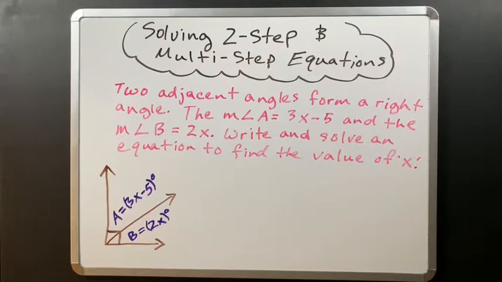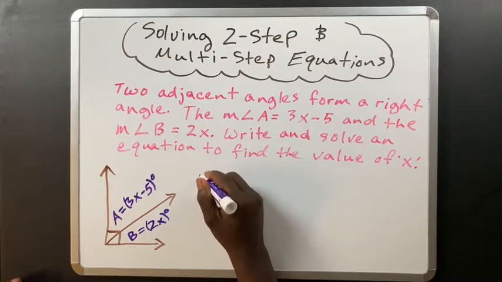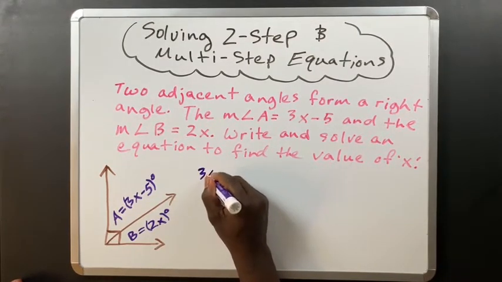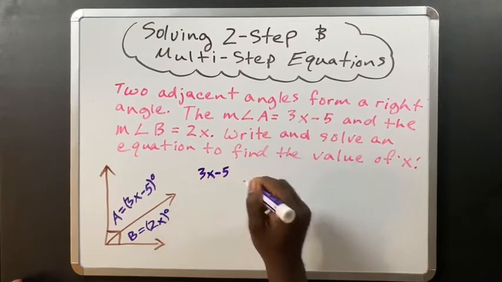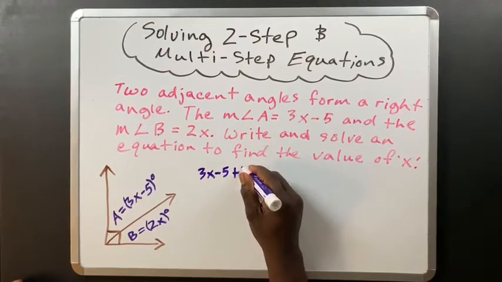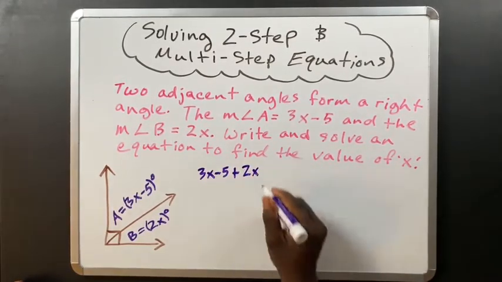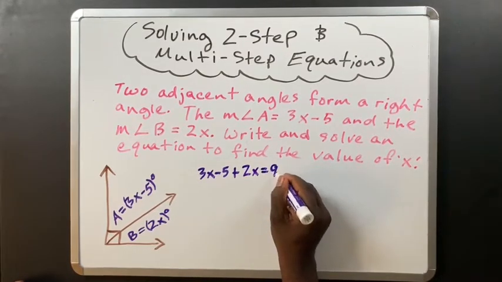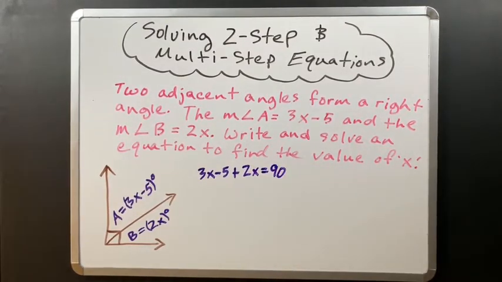So then let's write that equation based on what we understand, okay? So we have two angles that is 3 times x minus 5 plus 2 times x, and they add up to equal 90 degrees. There it is. We have an equation that reflects this picture and the word problem.